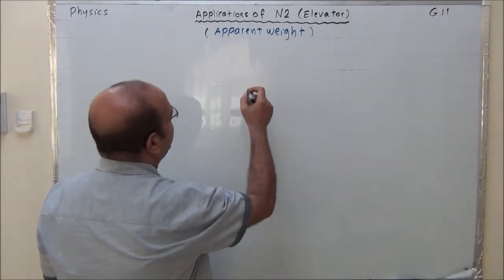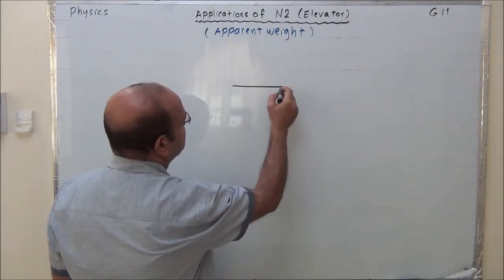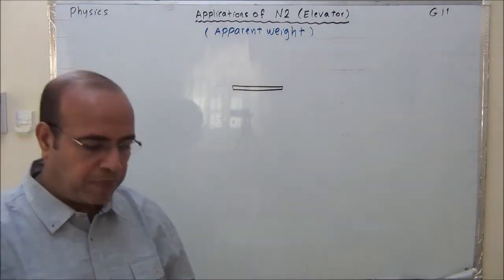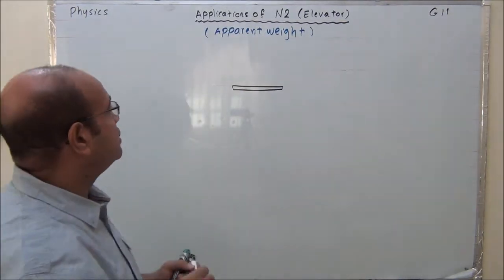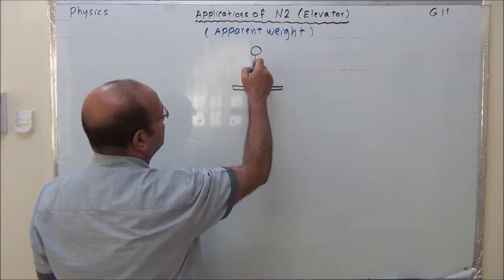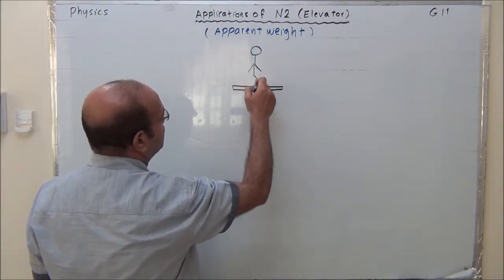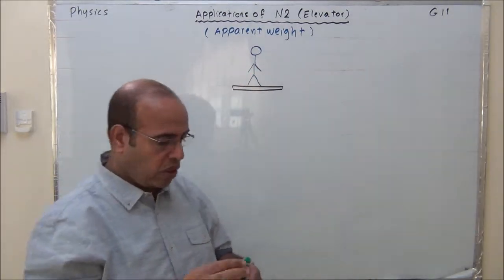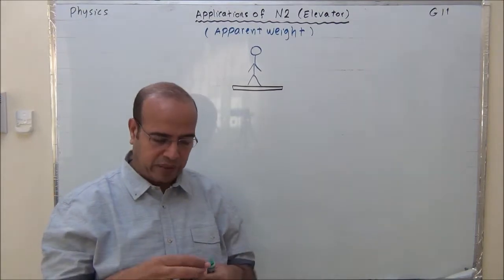If we have a weighing machine, this is the platform of the weighing machine, and a person standing on that weighing machine. Two forces act here.